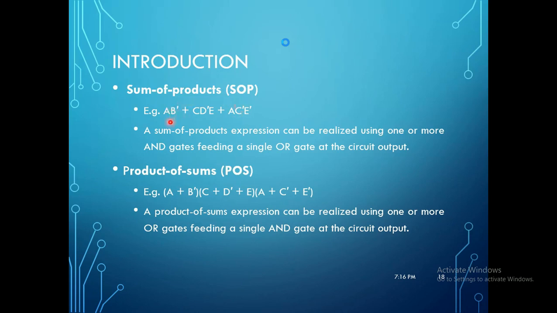A sum of products expression can be realized using one or more AND gates feeding a single OR gate at the circuit output. So this is one AND gate, this is the second AND gate, this is the third AND gate. When you combine these three AND gates, at the end you get a 3 input OR gate.